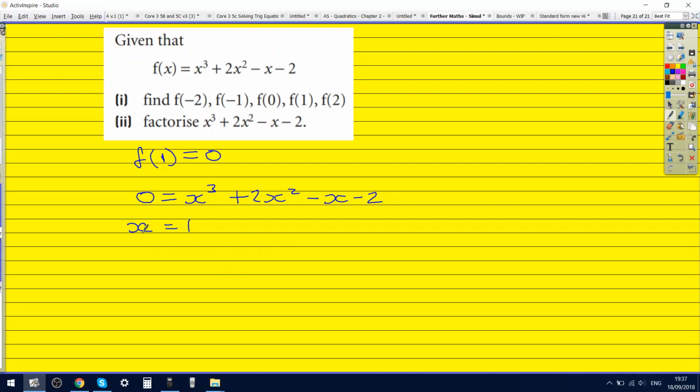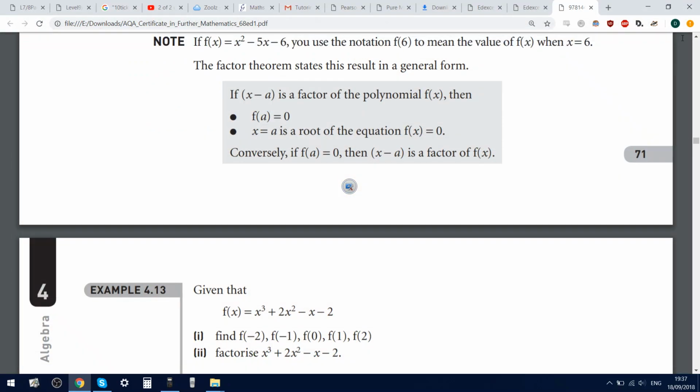So x equals 1 is what's called a root, a solution when it's equal to 0. So x minus 1 is a factor because when you factorize it, it's one of the 3 factors in this case. Okay, let's move on.